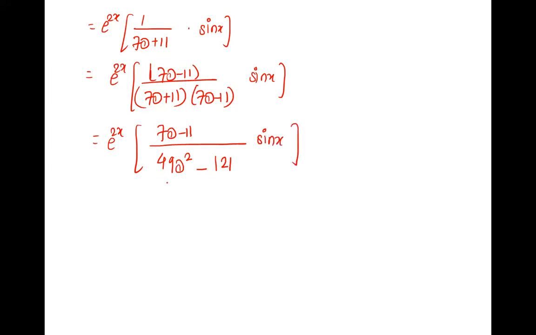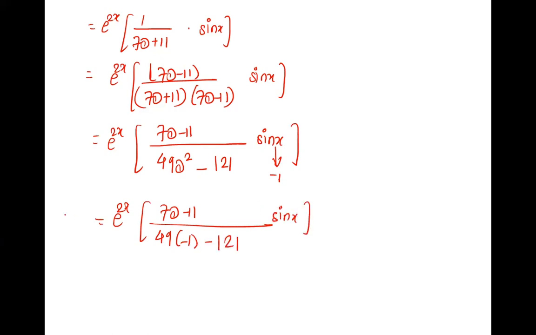Now we got D square there, and this D square gets replaced by -1. So it is e raised to 2x, (7D minus 11) upon 49 into D square, now -1, minus 121. Everything else is as it is, only D square is replaced.